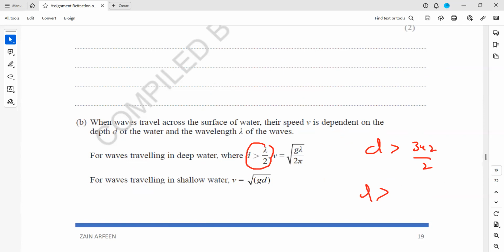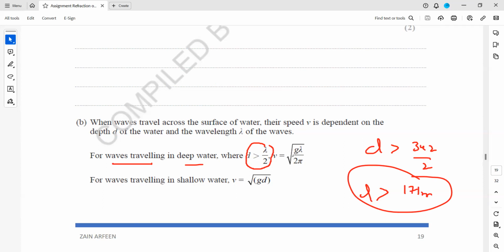So 342 divided by 2, we'll get 171 meters. So as we are getting the speed 23.1 meters per second in deep water, the depth of the deep water should be more than this, because this condition is given at the beginning of the question: when a wave is traveling in deep water, the depth should be greater than half of the wavelength. So if the wavelength is 342, 342 divided by 2 means 171 meters.